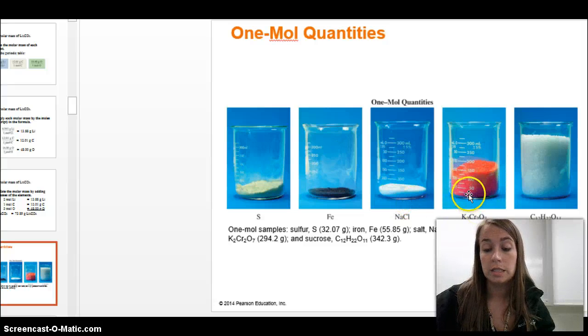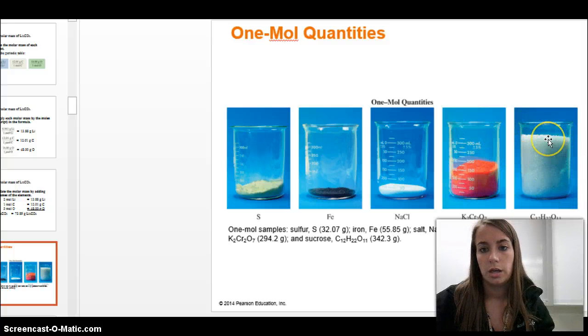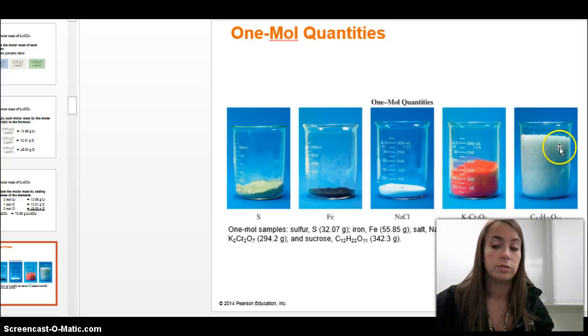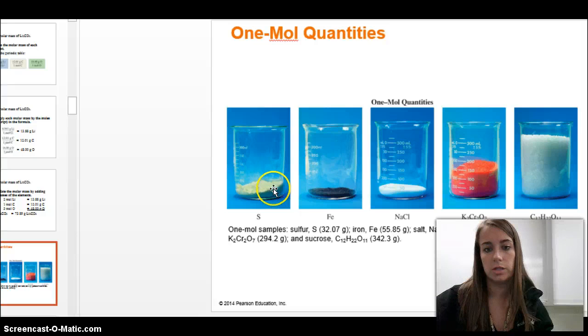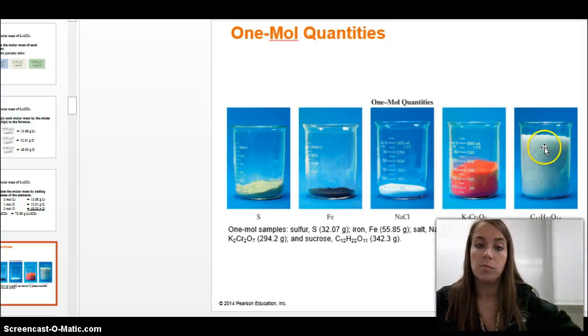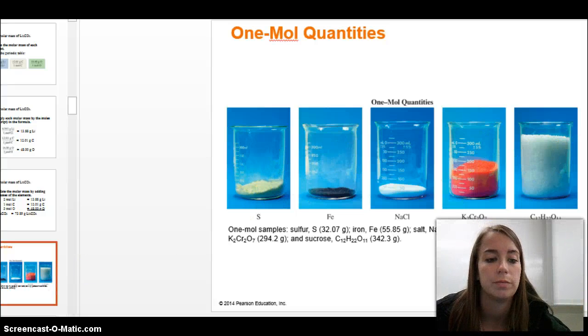Potassium dichromate, that's 6.022 times 10 to the 23rd formula units, because that's ionic. And then sucrose, which is a molecule, that means a mole of sugar molecules there.